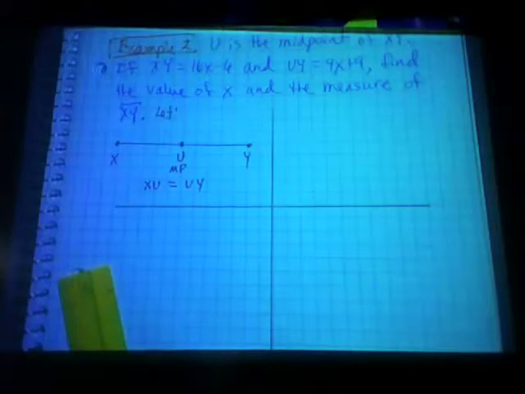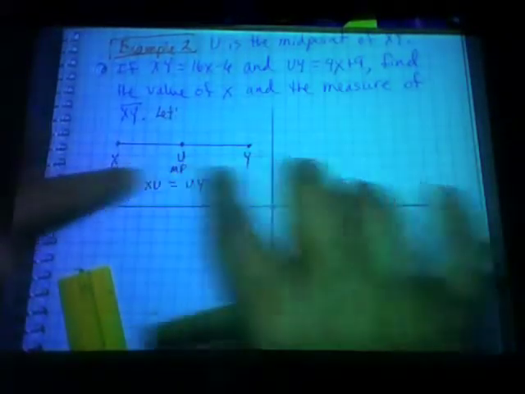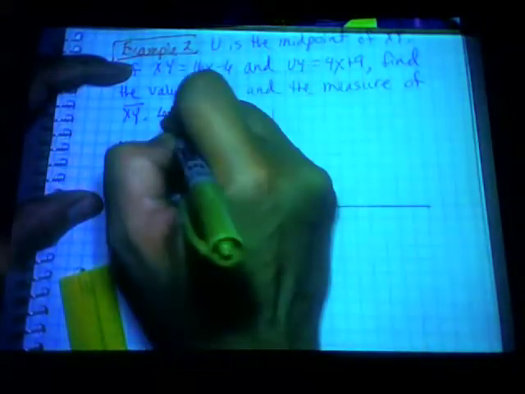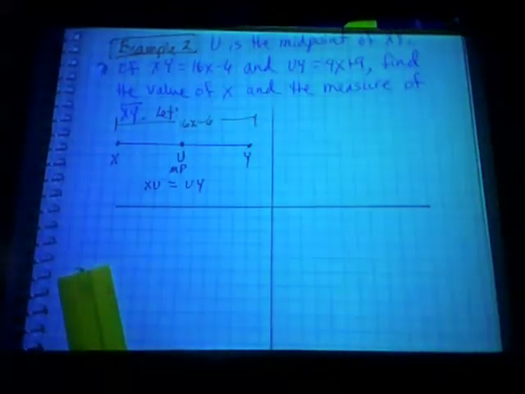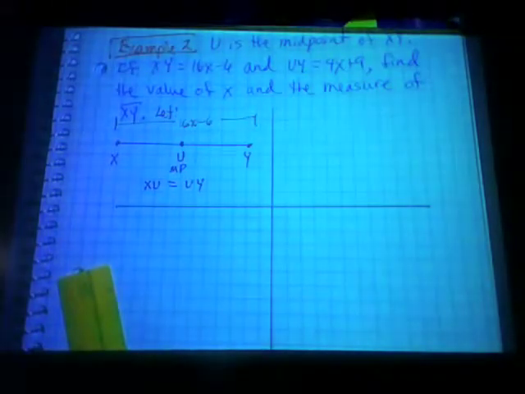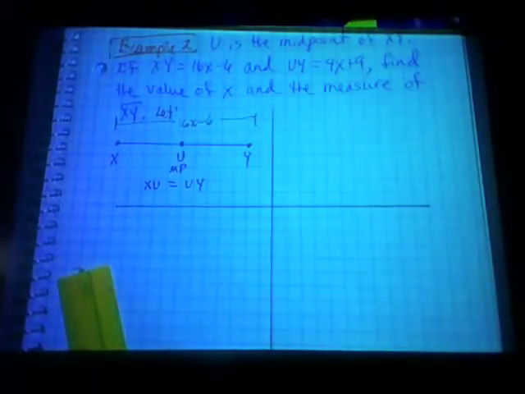And then they give me some more information. They tell me that XY, isn't that the whole thing, is equal to 16x minus 6. From here to here, that whole distance. And then they tell me something about UY. They said UY was 4x plus 9.